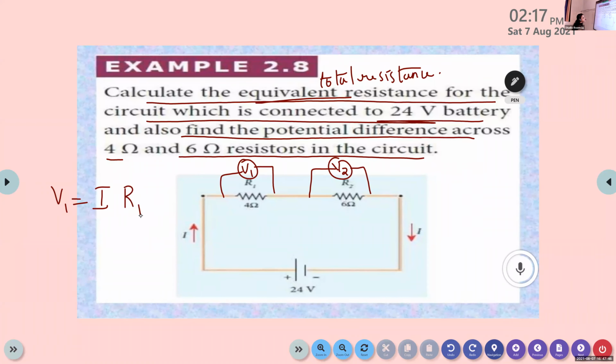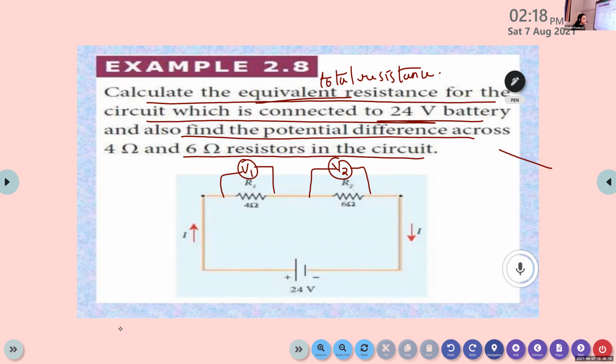But is the current provided here? Is the value of current given? Yes or no? No. So first of all, we want to calculate the value of current. How can we calculate the value of current? What is the equation for calculating the value of current?